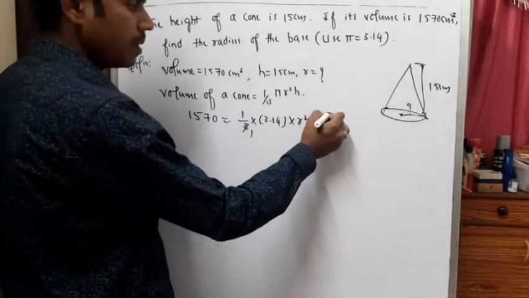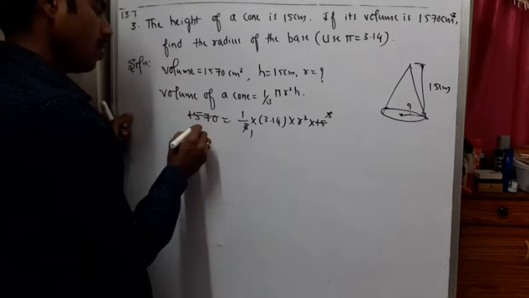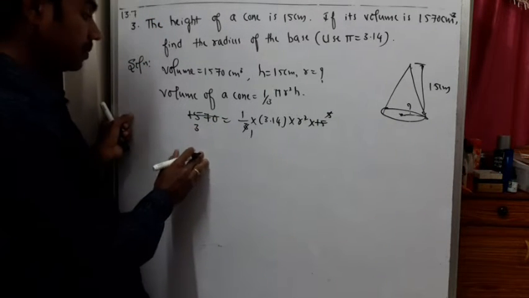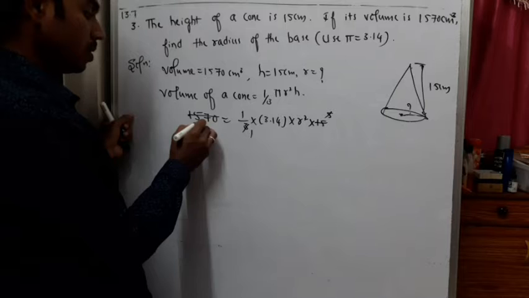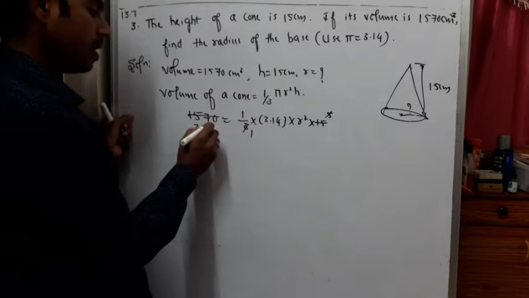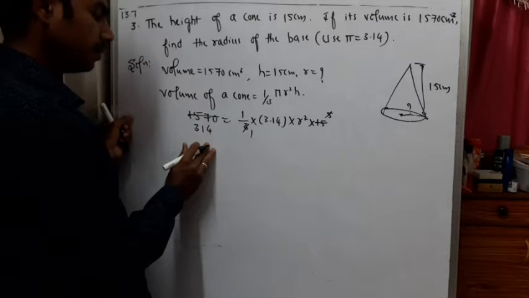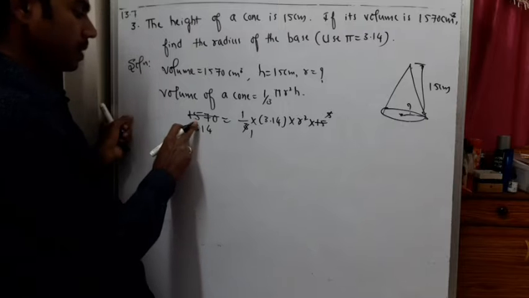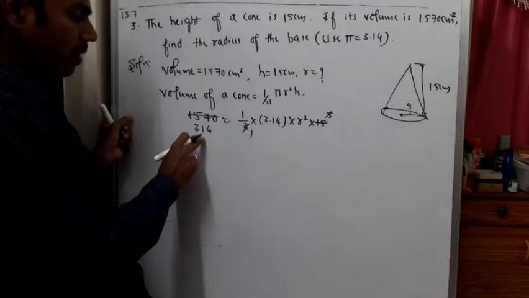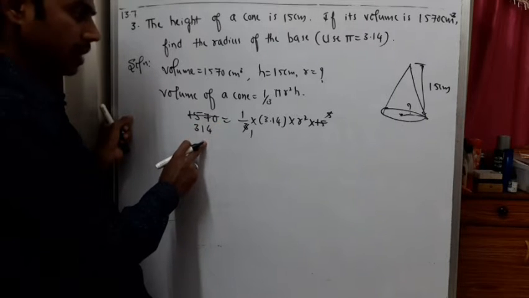So this can be written as 5 1s are 5, 5 3s are 15, 5 1s are 5, 5 4s are 20.